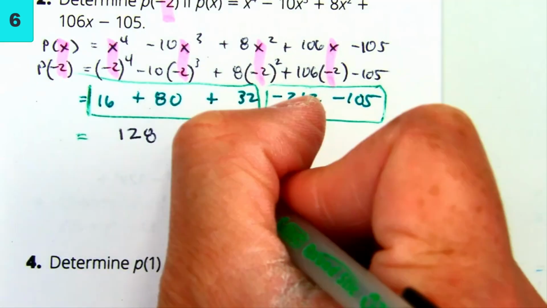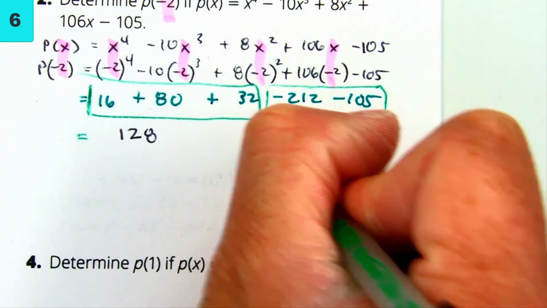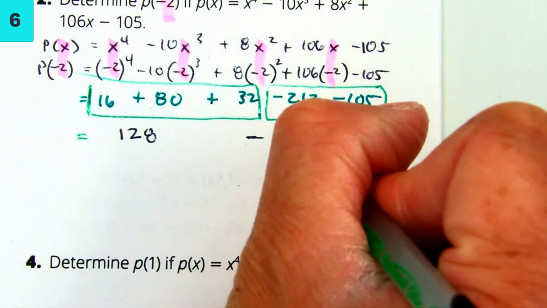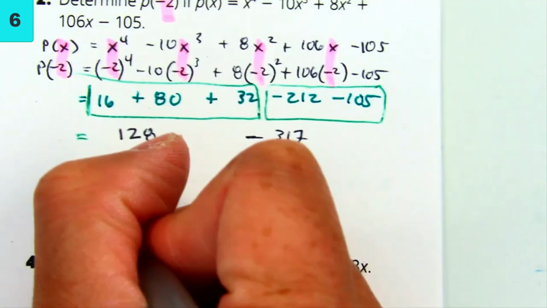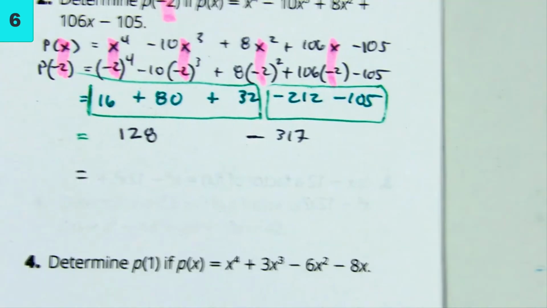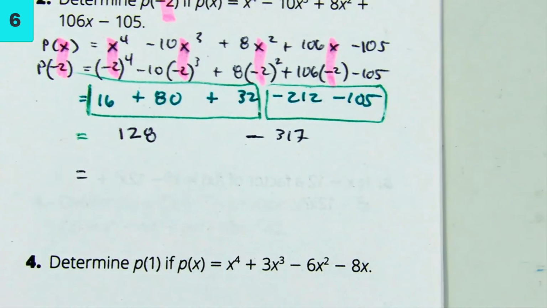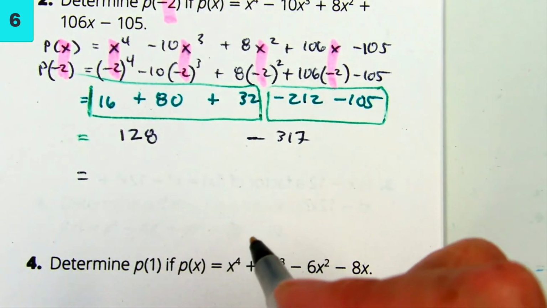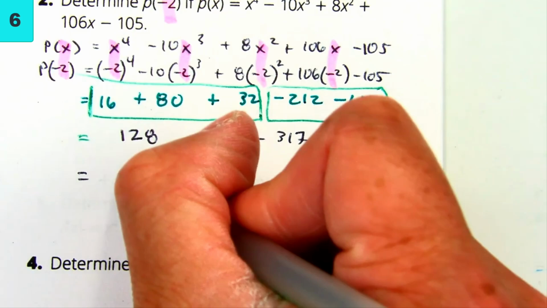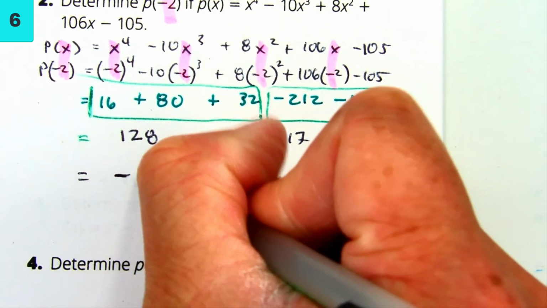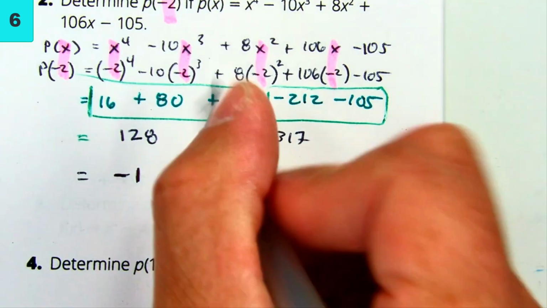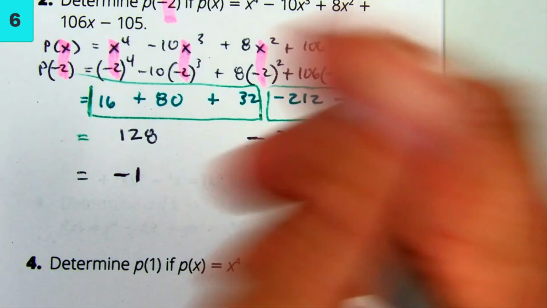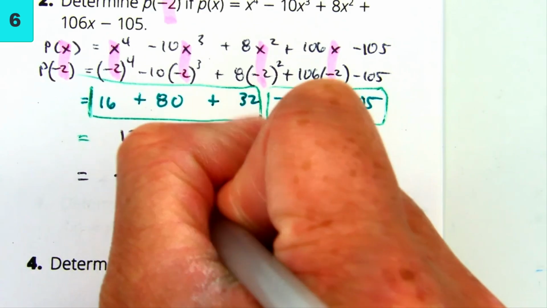Brian? 317. And if you subtract those, class, what do you get? Negative 189? Sounds right.